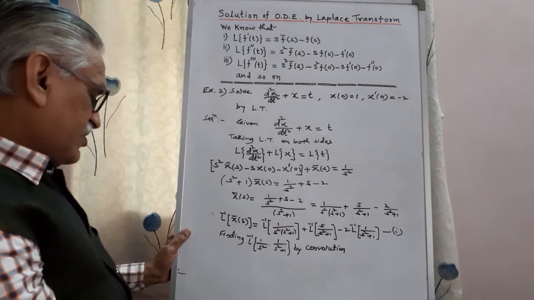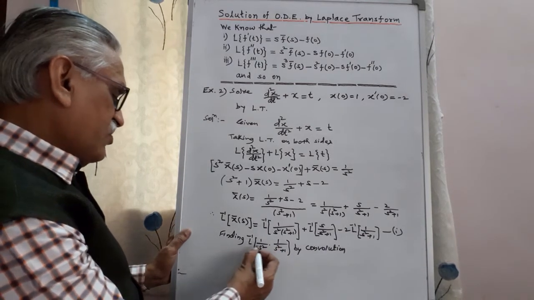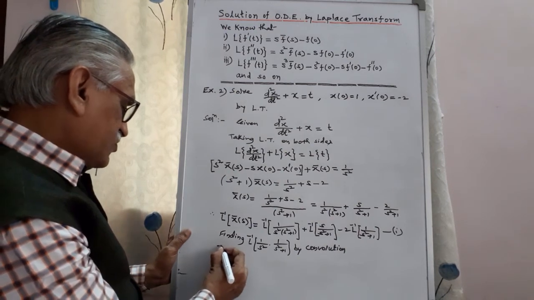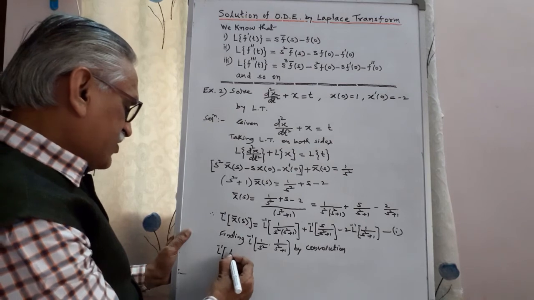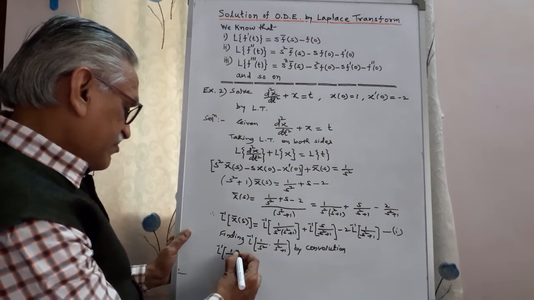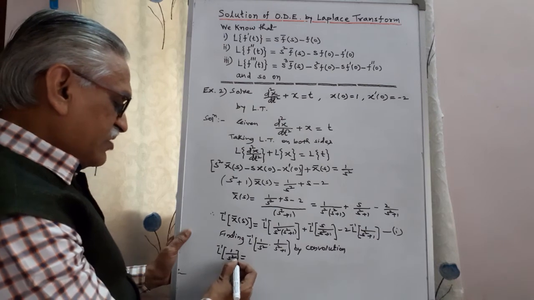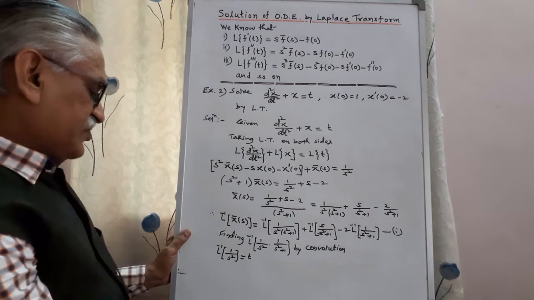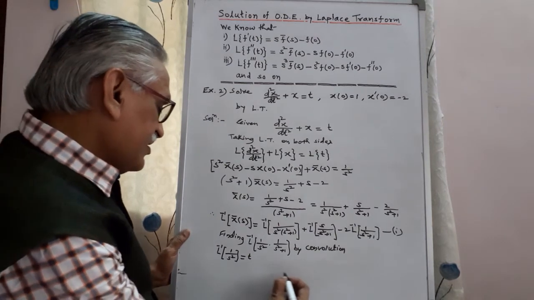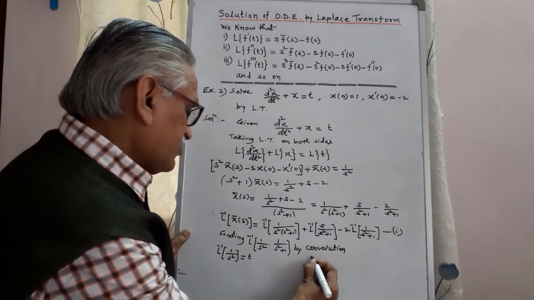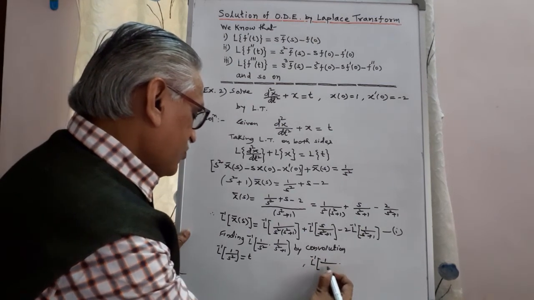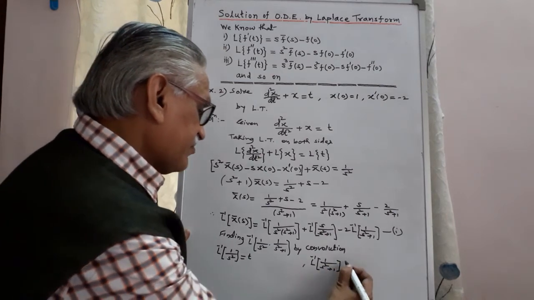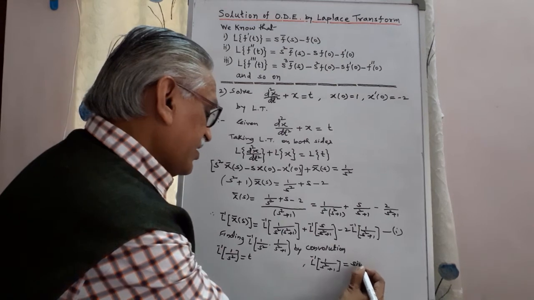By convolution theorem, what we know? We know that inverse of first term 1 by s square is t raised to n minus 1, 2 minus 1, that is t to the 1 by 1 factorial, means it is t, and the second, inverse of 1 upon s square plus 1 is sin of t.